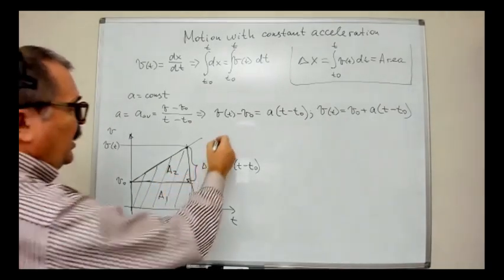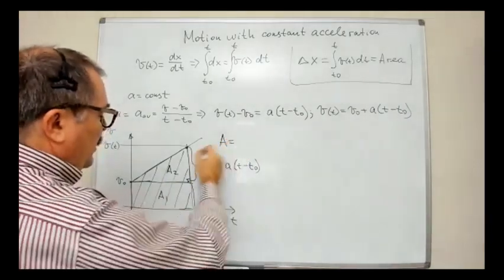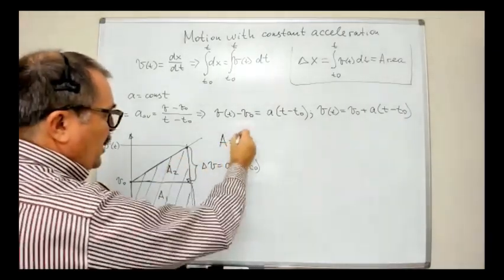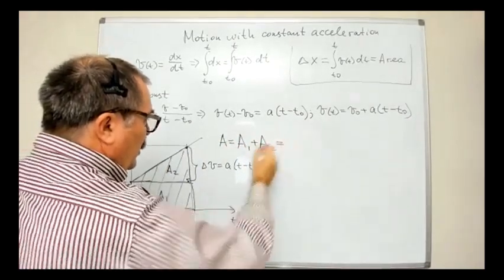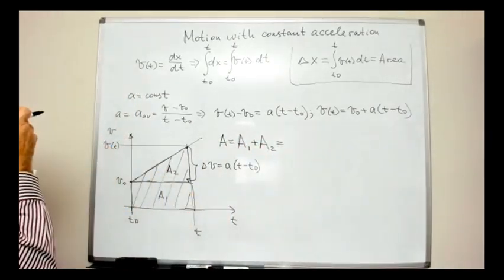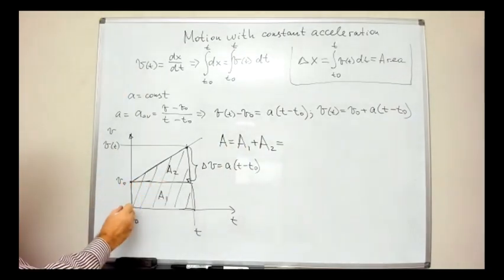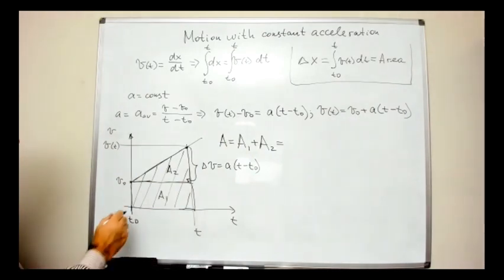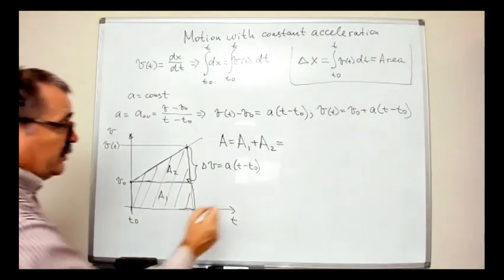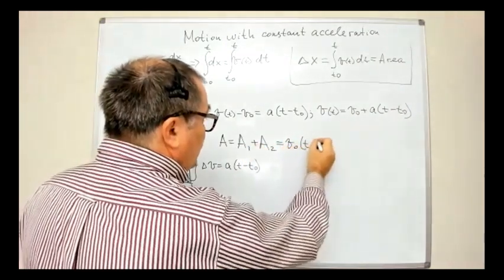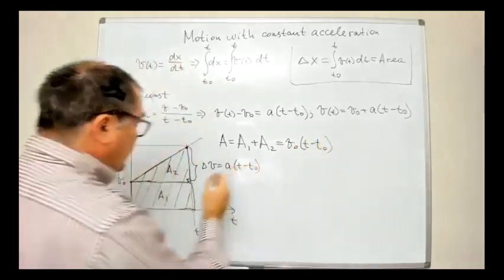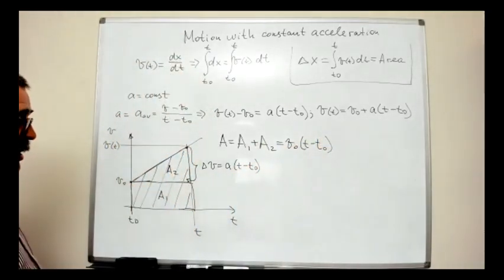So the area A here is the sum of two areas, A1 plus A2. Now let's look at this plot. A1 is v0, the height of this right angle parallelogram, times the base t minus t0. So A1 is v0(t minus t0). That's the area of this right angle parallelogram.